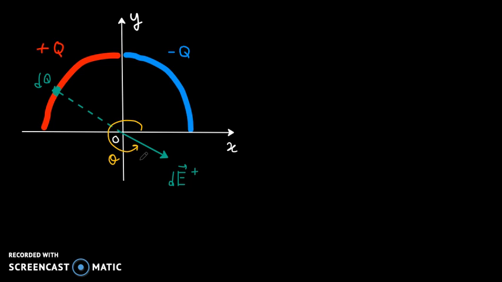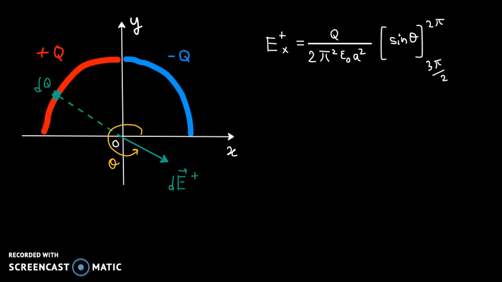Again, the x component of dE is going to be equal to dE times cosine theta. The y component will be dE times sine theta. Note that sine theta in the fourth quadrant is negative, and that makes sense. I have a vector pointing with a negative y component towards the lower right corner, so it has a positive x component, negative y component, and that matches the theta values in the fourth quadrant.